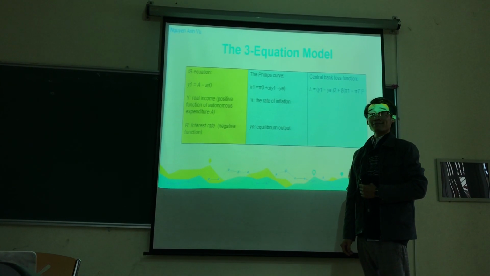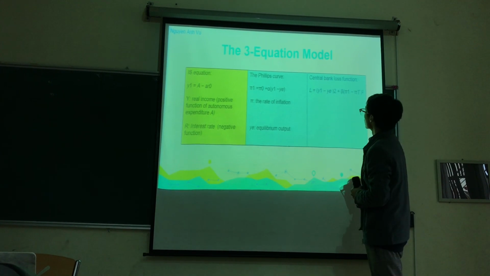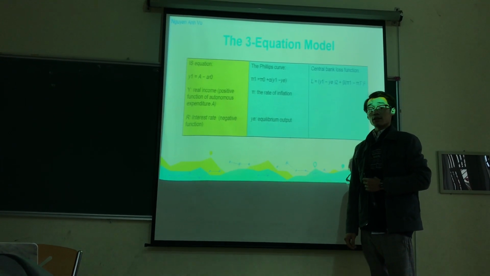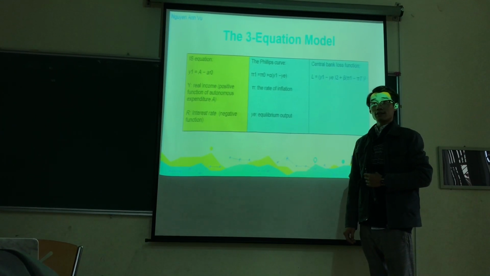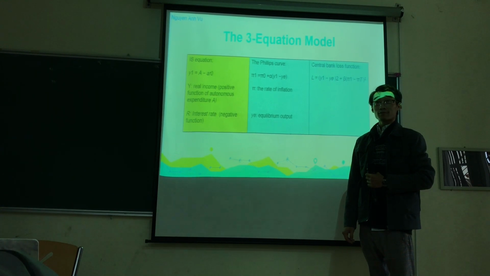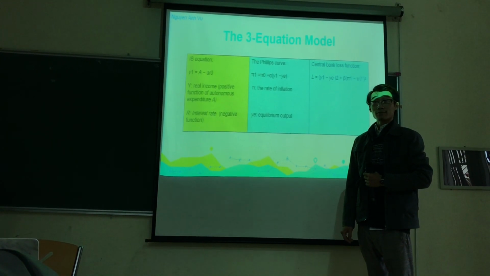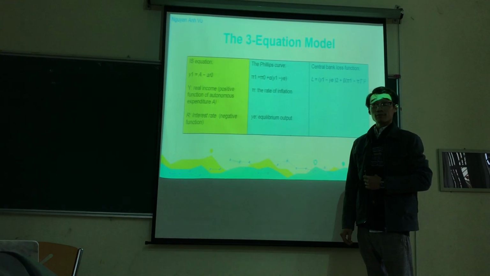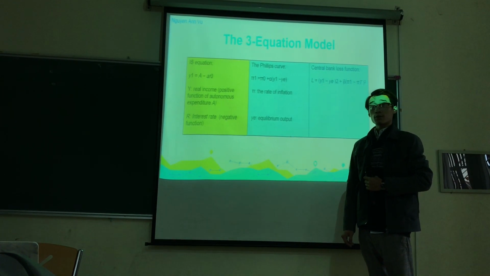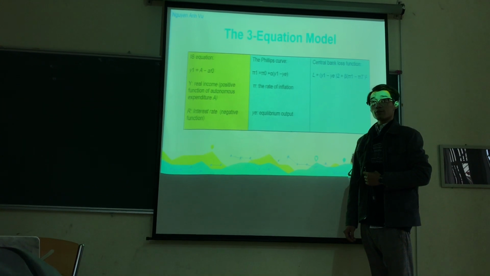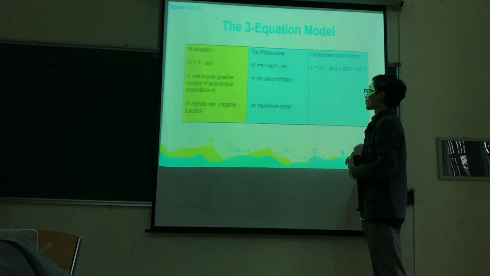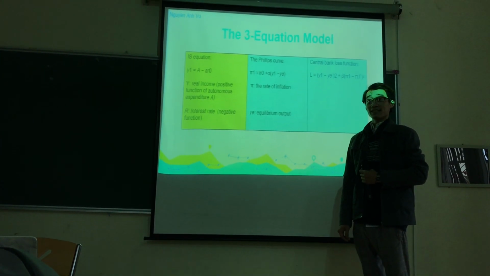The bank will base its decision on the output and the inflation rate. It means that the central bank will have a loss function because they cannot impact directly. You mean that? No, they still can impact directly on the economy, on the three equations.